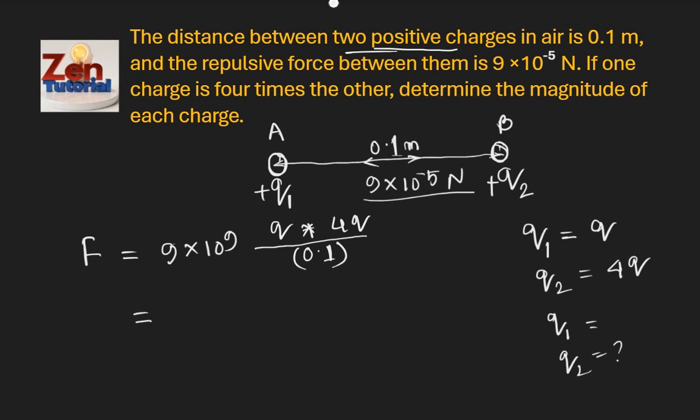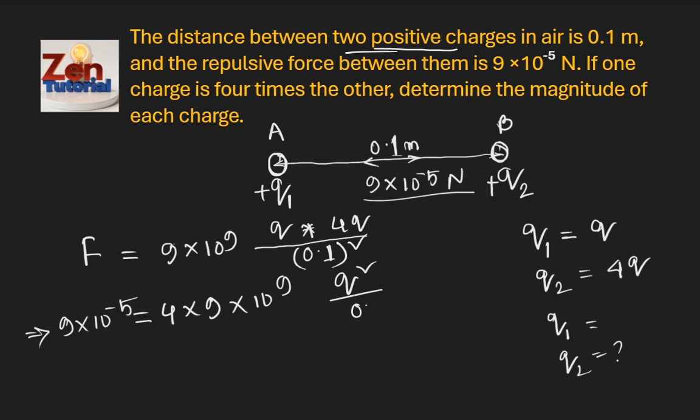So the value of force is 9 into 10 to the power minus 5. So here will be 4 times 9 into 10 to the power 9 and Q square over, by the way, this will be square as well.